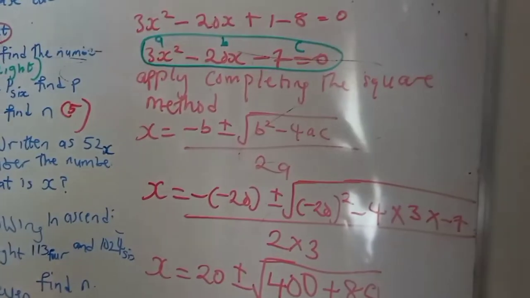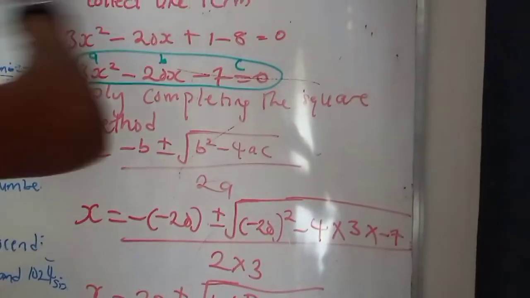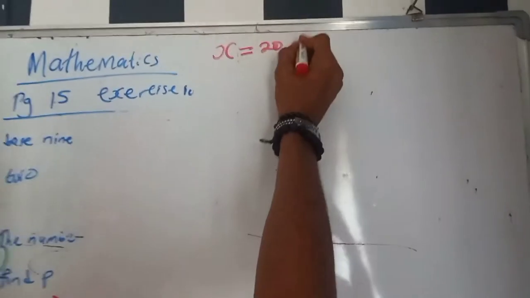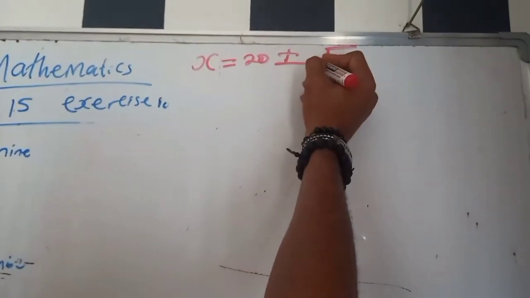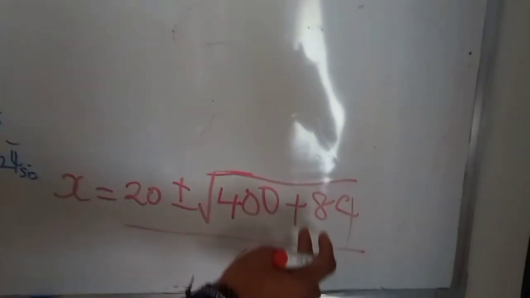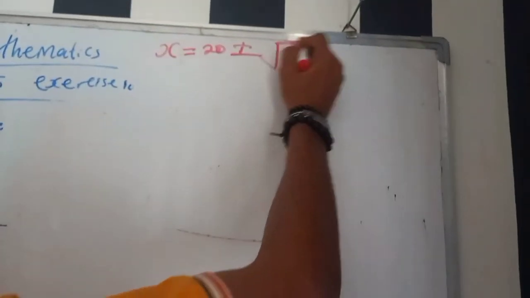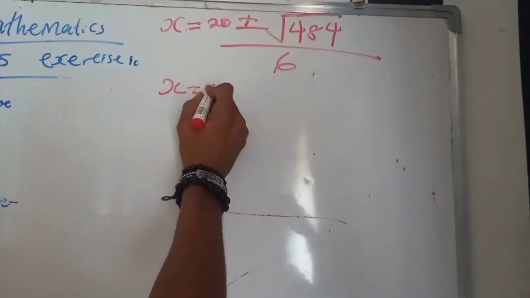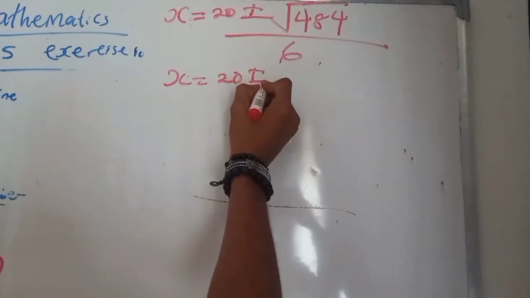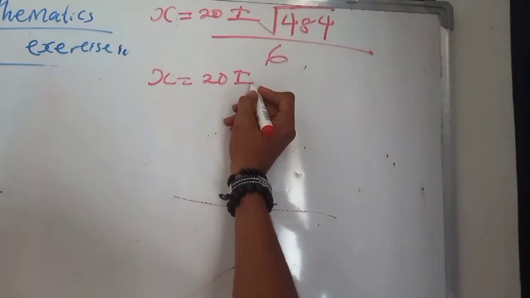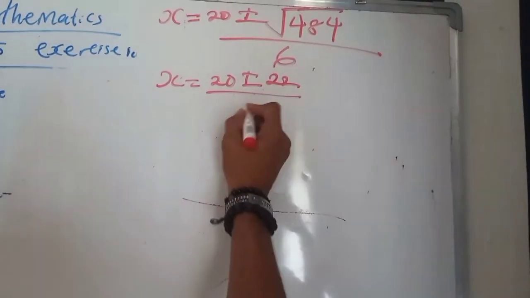Okay, I need to clean the board. So we can say x equals 20 plus or minus the square root of 400 plus 84. 400 plus 84 is 484, divided by 6. So x equals 20 plus or minus the square root of 484, which is 22, over 6.